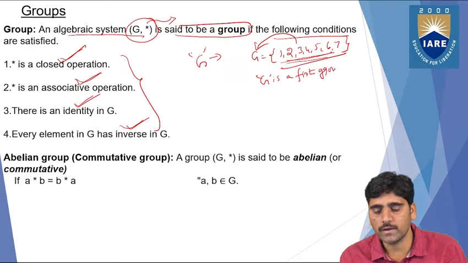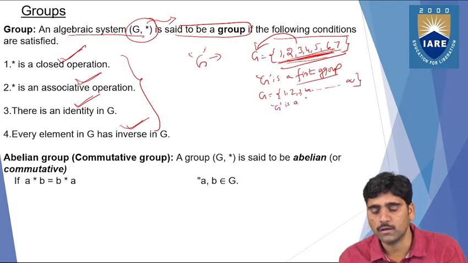The name itself, finite, means you can count the number of elements in this group. If you are not able to count the number of elements, that means G equals 1, 2, 3, 4, 5 up to infinity, then G is an infinite group.